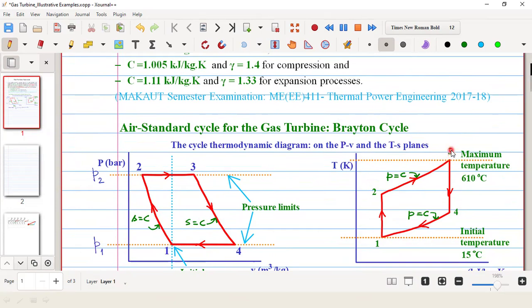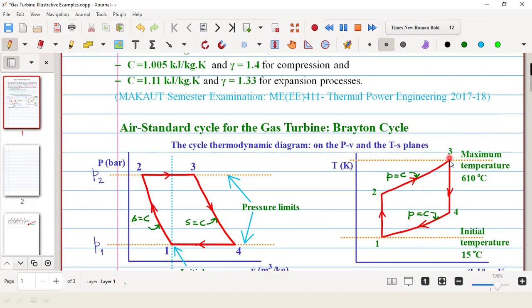After that, the gas spends that energy to do work, cools, and releases some heat, and the temperature comes back to 1. That is a closed cycle gas turbine, so 1 is both the initial and the final state.